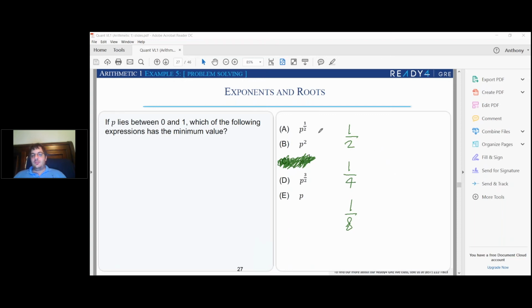The bigger the power, the smaller the result. So at this point, all I'm really looking for is the biggest power. And the biggest power is 2. B was correct.